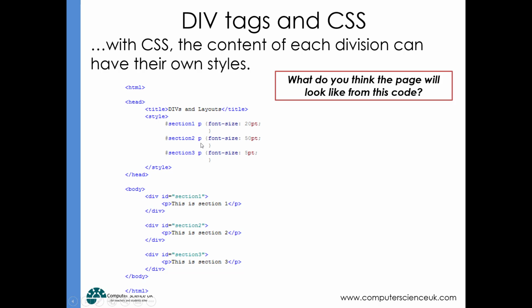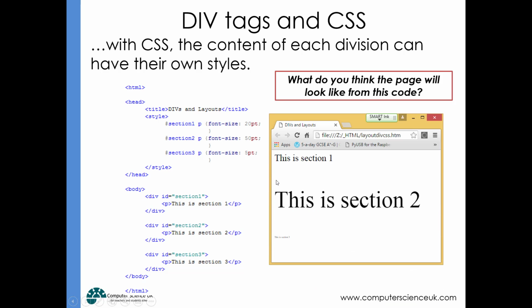In section 2, it's the same paragraph tag, but because it's in a different division, it's got its own style, with the font size set to 50, which is larger. And then the paragraph tag in the division called section 3 has got its own styling. Again, the text has been made smaller because it's got font size 5.